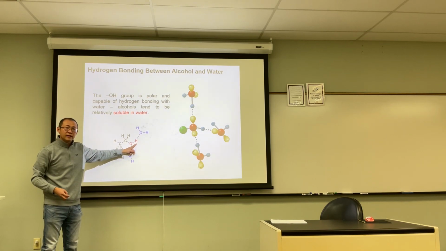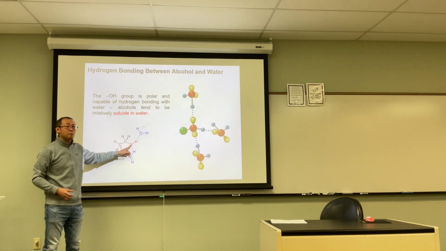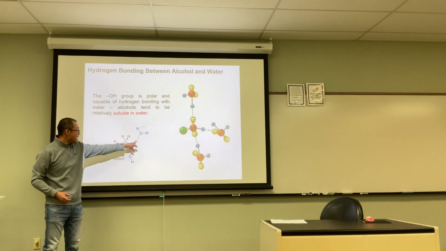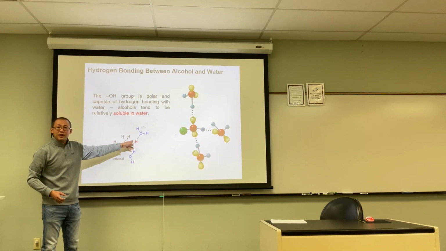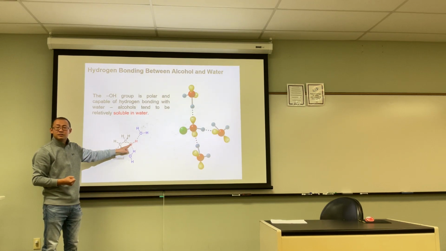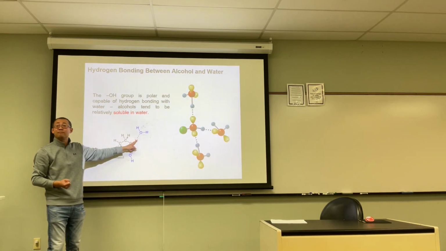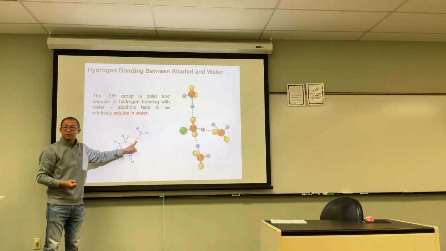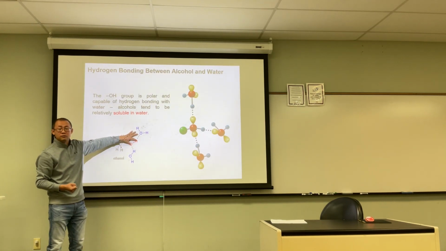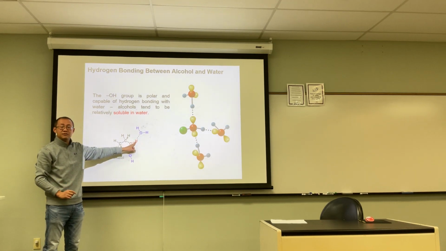Oxygen likes electrons more, so when these two make a bond sharing electrons, the oxygen pulls the electrons more towards itself. So the oxygen part of the molecule will have more negative charge, and the hydrogen will have more positive charge. That's why we call this group polar: the charge distribution is not even. This one is more negative, you can mark it, and this one is more positive.